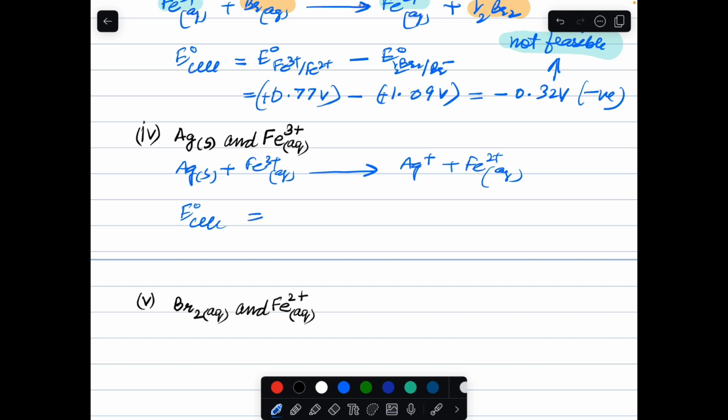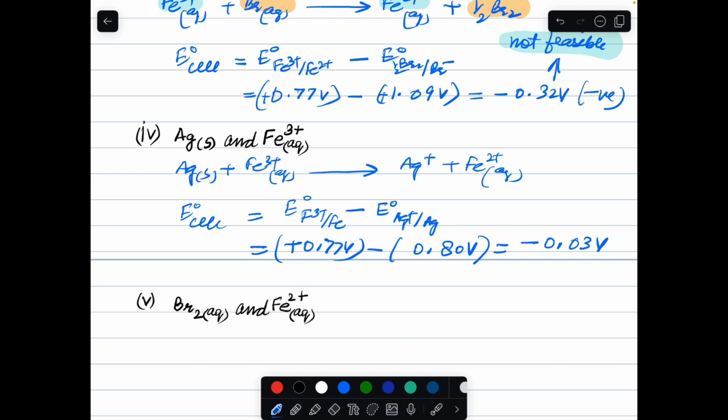It is equal to E naught Fe3+ to Fe, because iron is having the reduction process, cathode, minus E naught Ag+ to Ag, and we will be having this value as plus 0.77 volt minus 0.80 volt, and we will be getting the value as minus 0.03 volt. So again the value is negative, therefore it is not feasible.